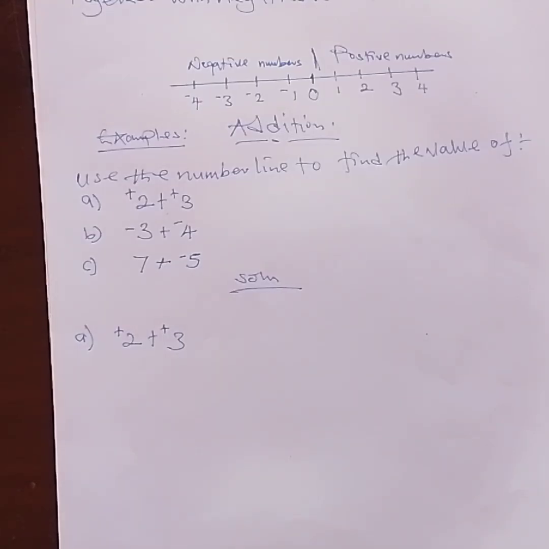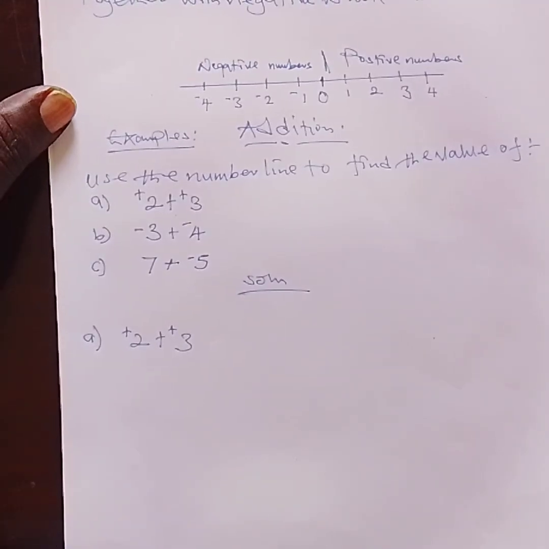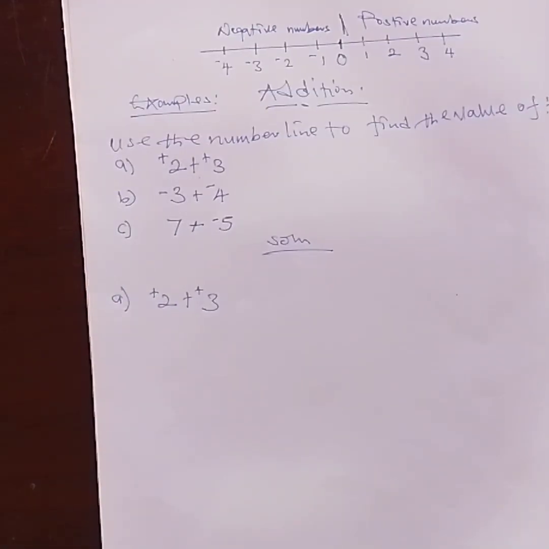Then from the point where we stopped, we move further 3 steps to the right to represent positive 3. Our final answer is positive 5. It's the same as adding 2 plus 3, you get 5. So a positive plus a positive gives you a positive.